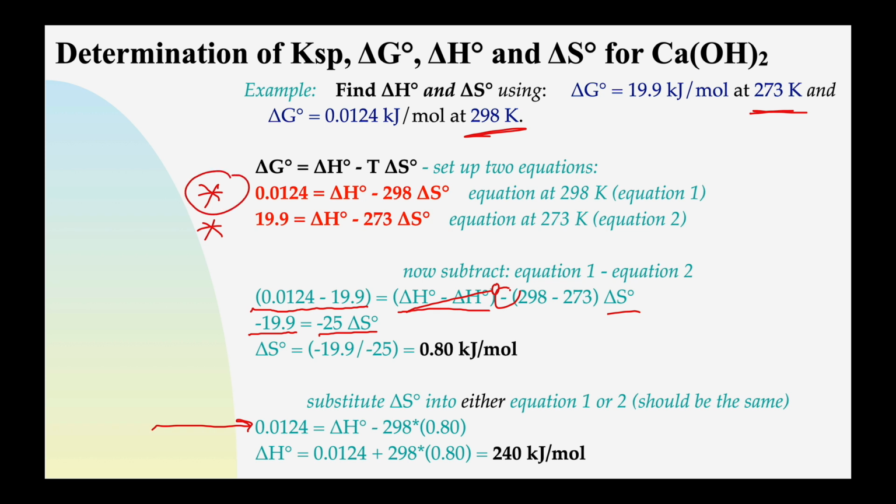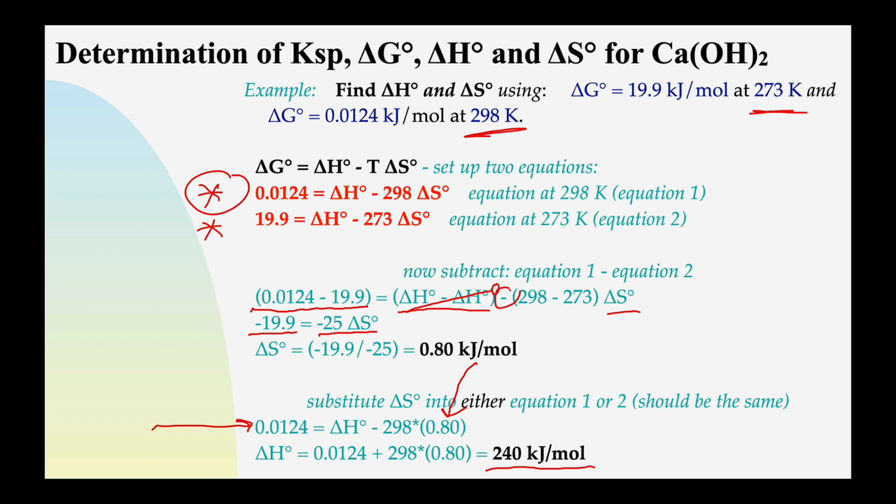It's 0.0124 delta G equals delta H, which we don't know, minus 298 times the delta S we saw earlier. And so minus 298 times 0.80, you want to add that to both sides to get delta H by itself. Delta H equals 0.0124 plus 298 times 0.80, delta H here, 240 kilojoules per mole.